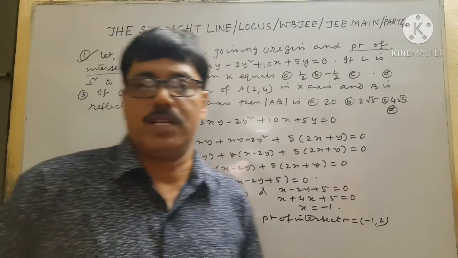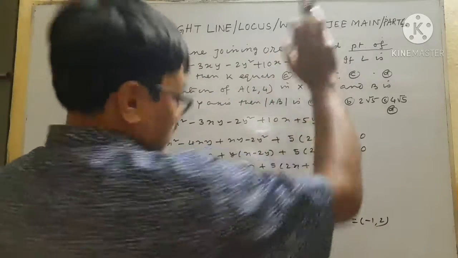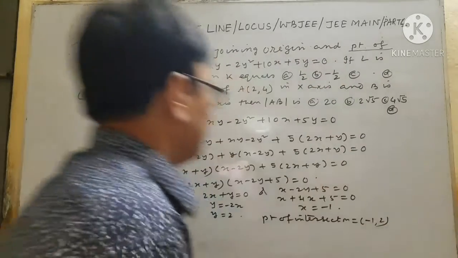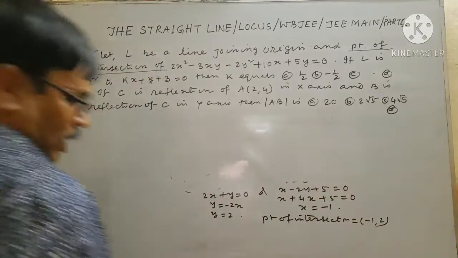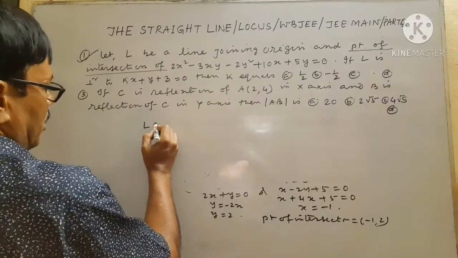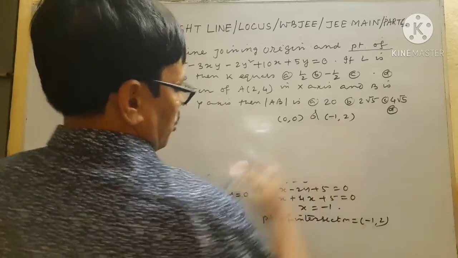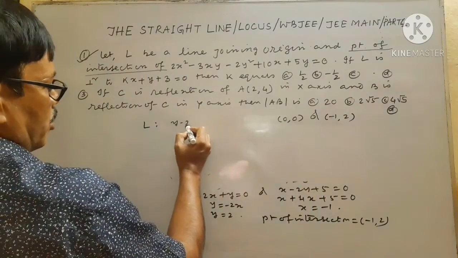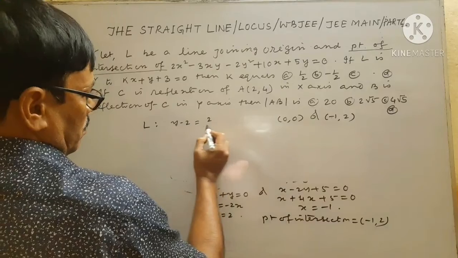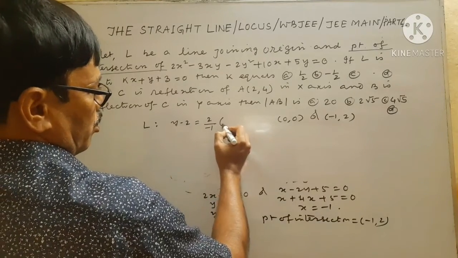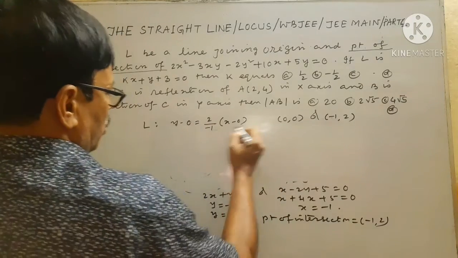Now L is the line joining the origin and the point of intersection of these two lines. So what is the equation of L? L is a line joining 0, 0 and minus 1, 2. So y minus 0 equals to 2 minus 0 over minus 1 minus 0 into x minus 0.